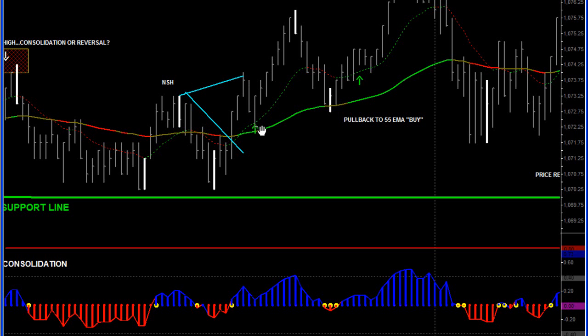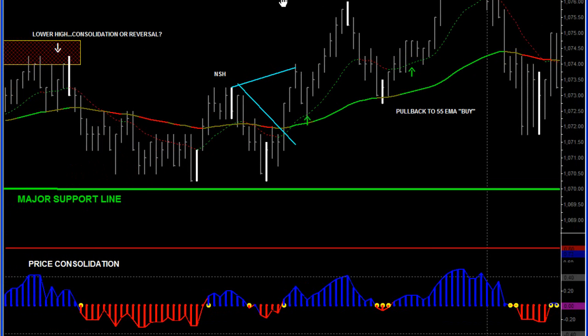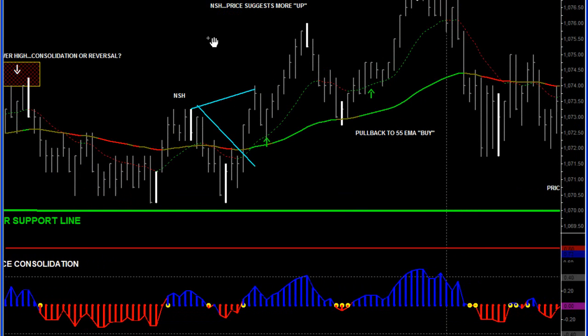So here we go to the 13 EMA, a very low risk opportunity for potential up, and as you can see, we made a new swing high, so price suggested more up at this point. Once we took out this prior swing high, the subsequent deeper pullback to the 55 EMA with positive DMI ratio offered once again an opportunity.